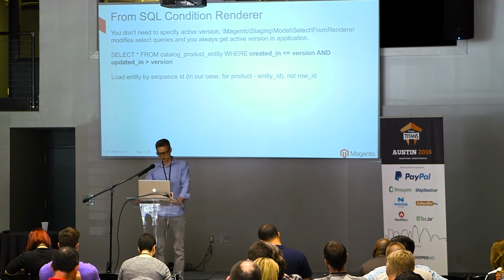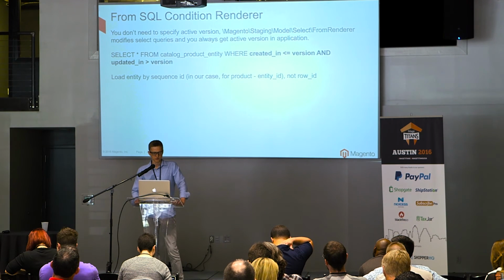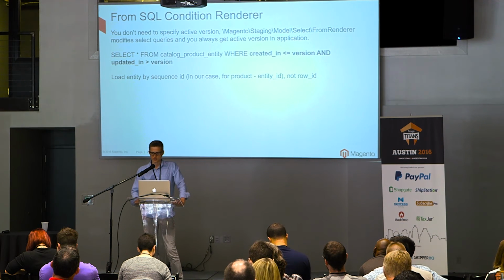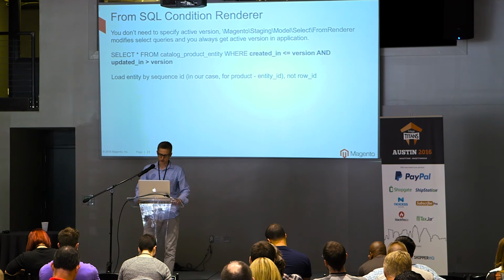We have a from SQL condition renderer, and the purpose of the from SQL condition renderer is to make sure that you always get the current version in your application. If you use a database adapter to construct your query, when you render the actual query, the database adapter will check if this entity is a stageable entity, and if yes, it automatically will add the condition to the SQL select.